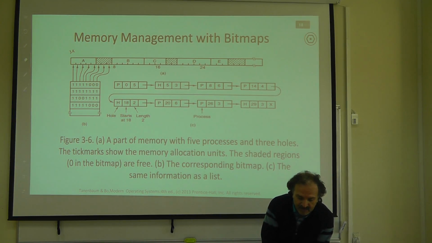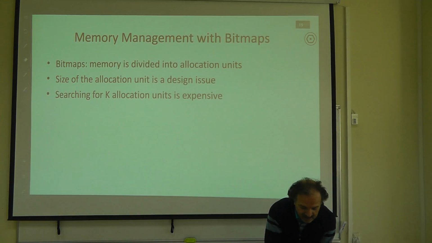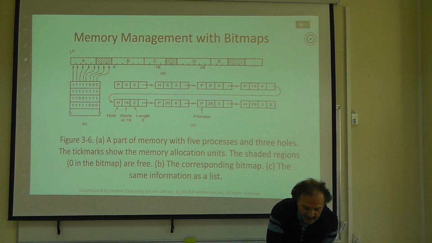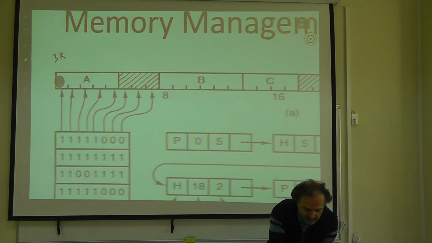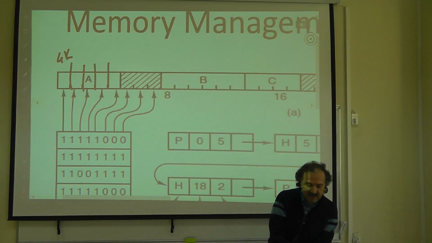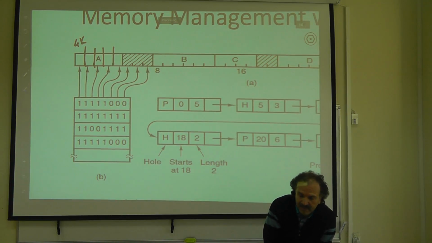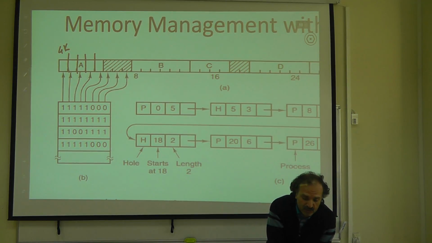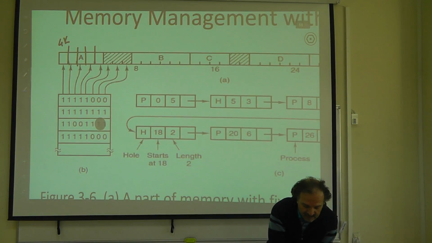based memory management, we say that we divide the memory into small allocation units, let's say a few kilobytes, maybe 3 kilobytes or 4 kilobytes, I don't know. These are 4 kilobyte memory segments, and to keep the data about each segment, whether it is used or not, we use a bitmap table.